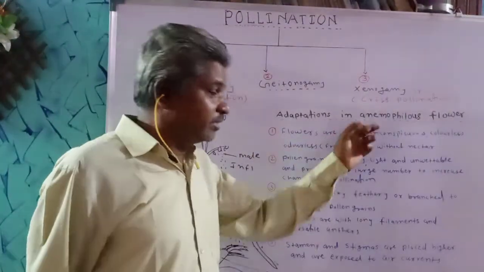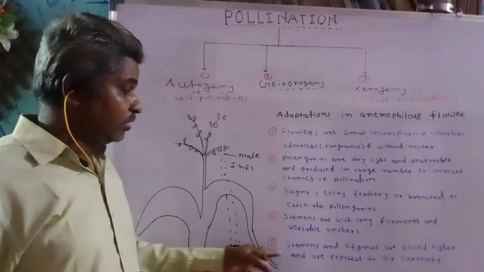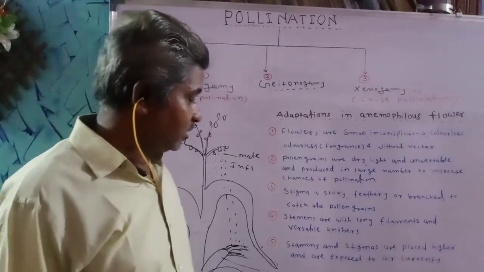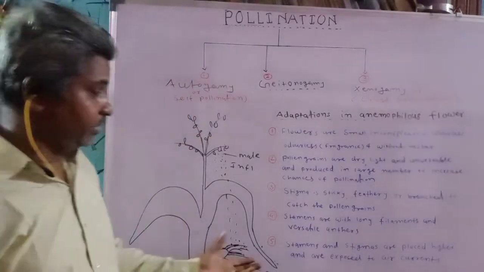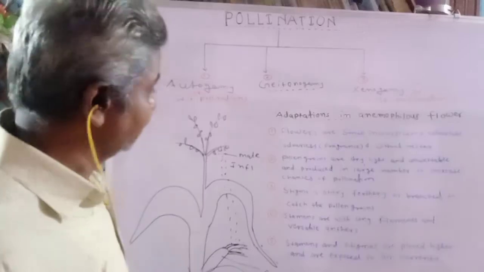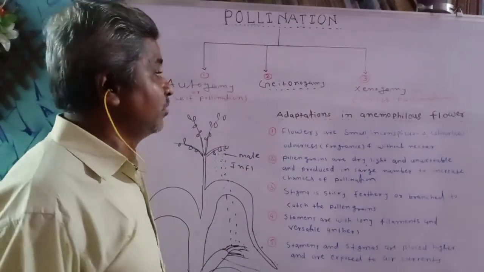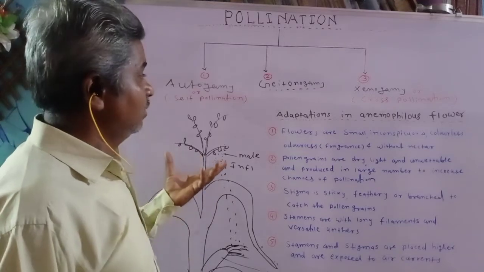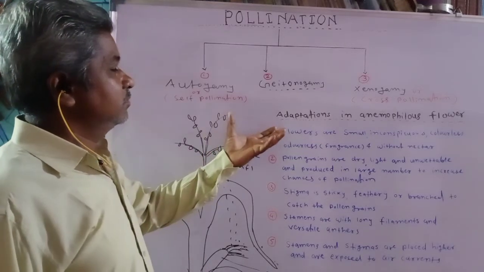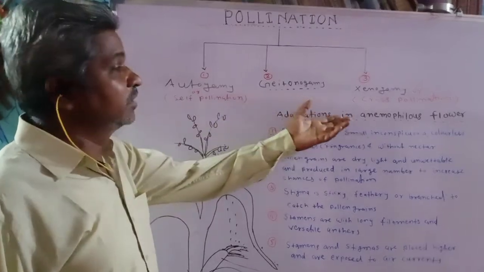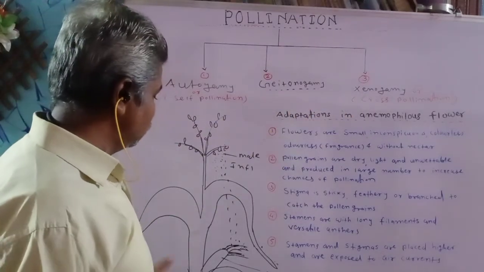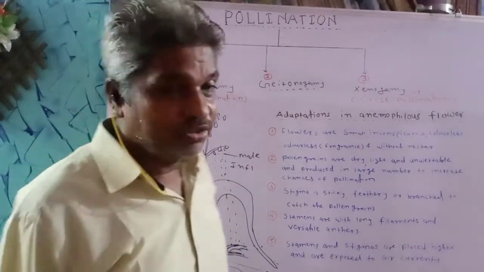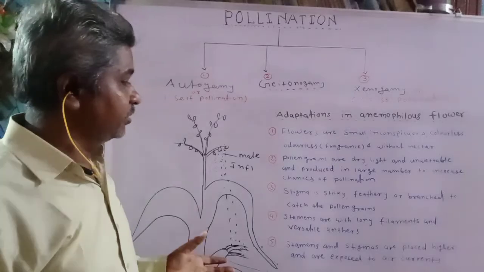Anemophilous pollination is carried out due to such an arrangement, where stamens and stigmas are placed higher and exposed to air currents. In maize and in grasses, such anemophilous pollination occurs.